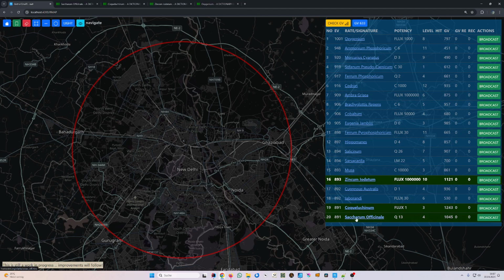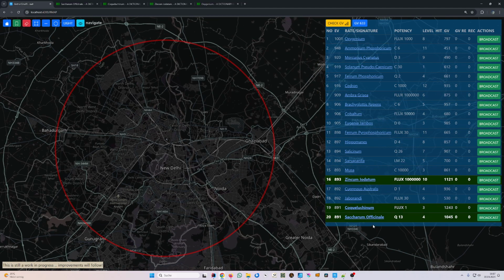And it's not only fast food, but maybe also the lifestyle. It's a fast lifestyle, stressful, and so on. So saccharum officinale is probably an indication for that.